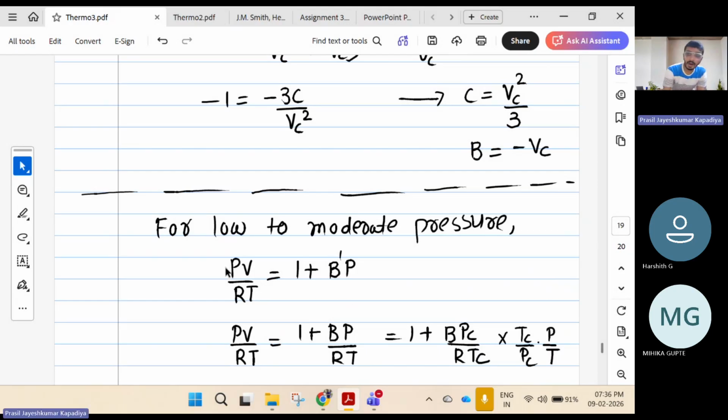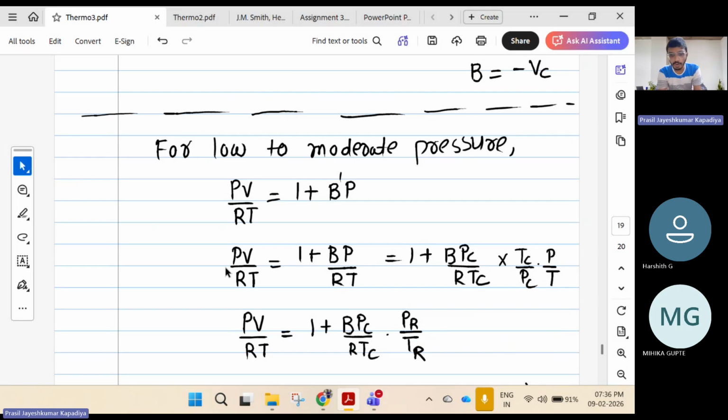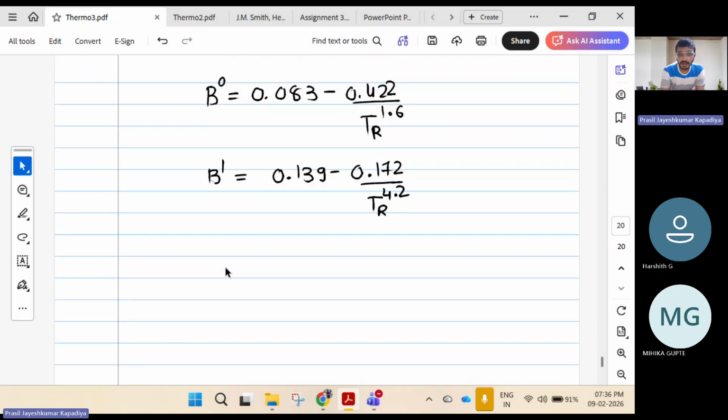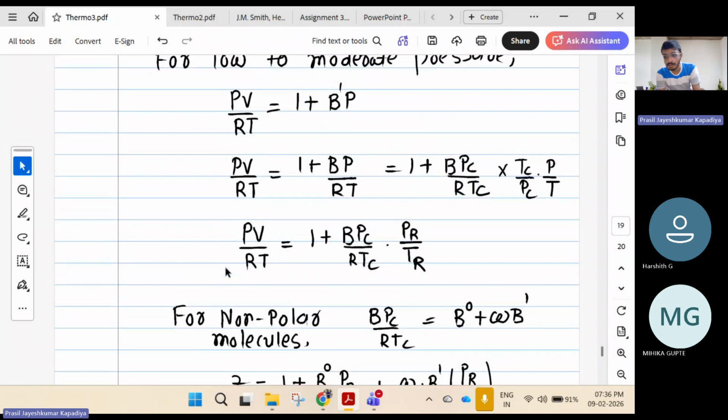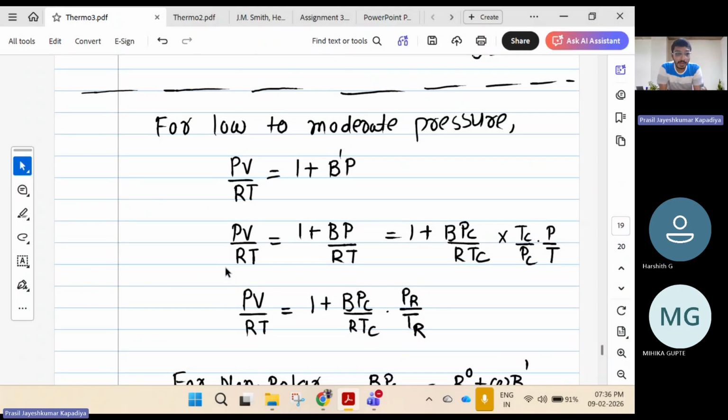Now one more important thing that we will be seeing through one problem also. We wrote that PV by RT is equal to 1 plus BP by RT. Let's say I am multiplying this term with PC and TC.